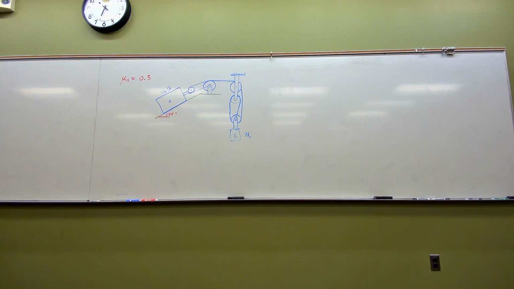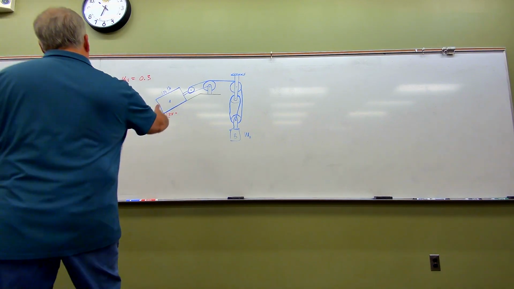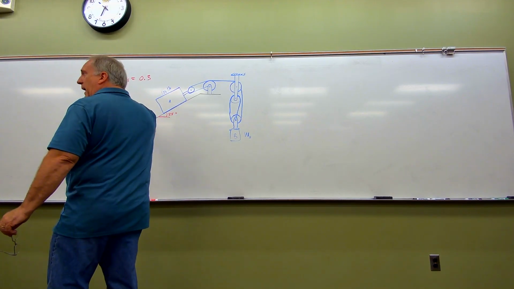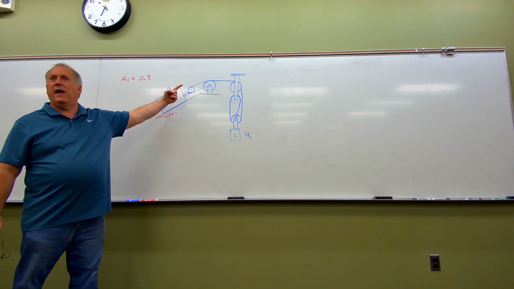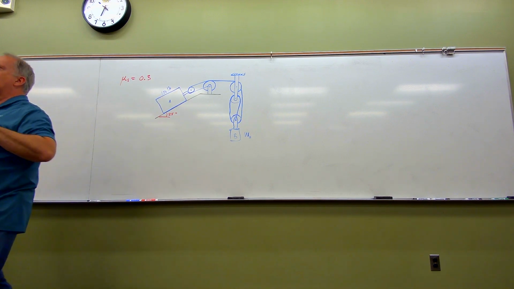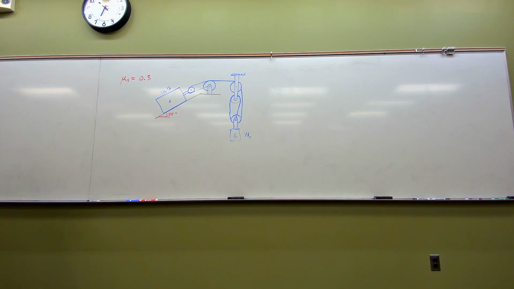In one case, the impending motion is going to be that the box, this thing here, is going to go that way. But in the other case, the impending motion has it going that way. We're going to work this problem twice, and we're going to change the directionality of our friction force to see what the range is going to be.